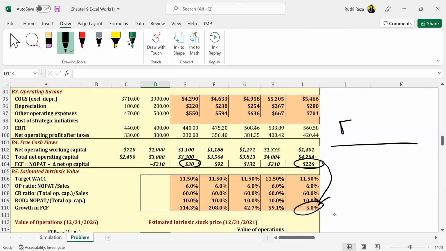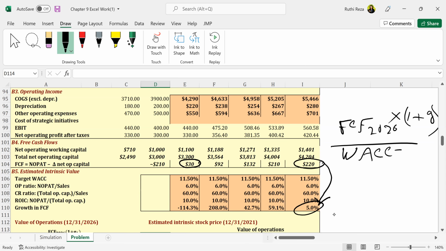So here we have our free cash flow to the firm in the year 2026. Then you are going to grow it by the terminal growth rate, and then you're going to apply the constant growth formula to get your terminal value.